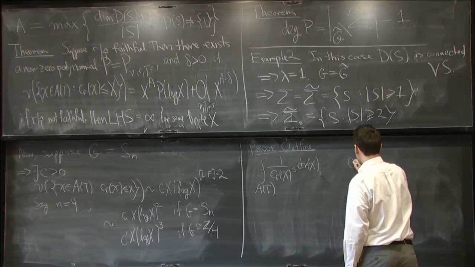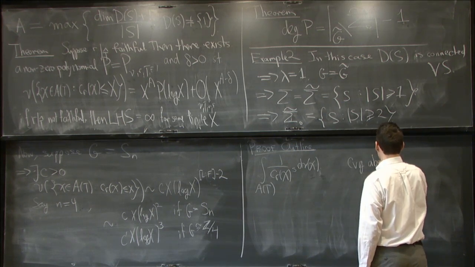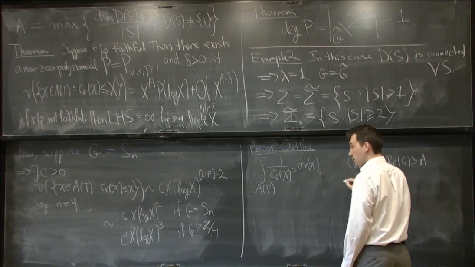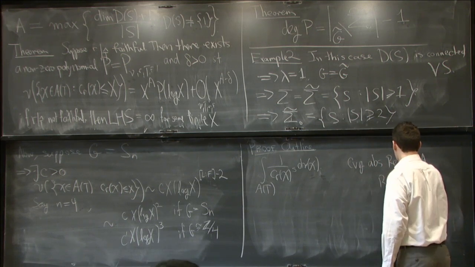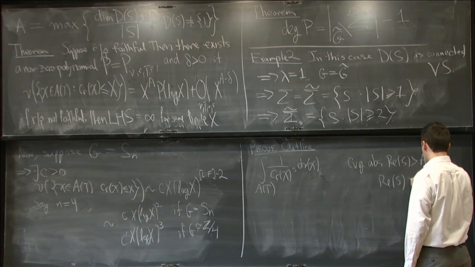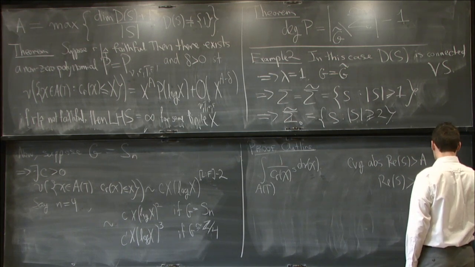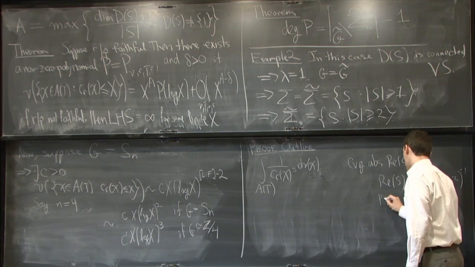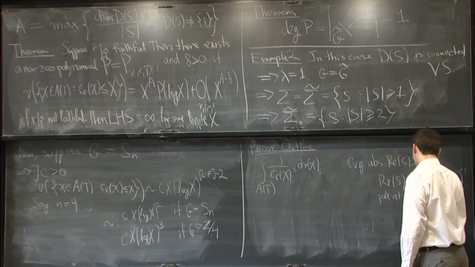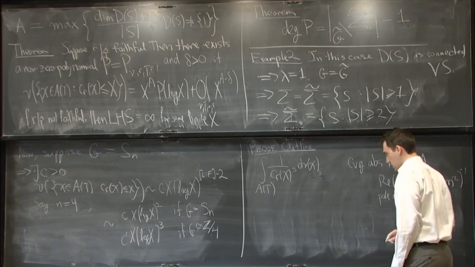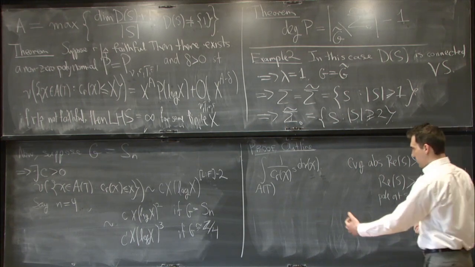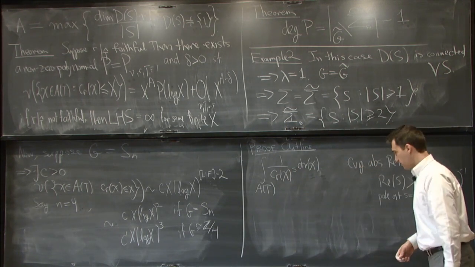So this converges absolutely for the real part of s greater than a, and continues to real part of s bigger than a minus something, with a pole, not a simple pole, a pole at s equals a. OK, so the first thing is to go from this global thing to some local thing.